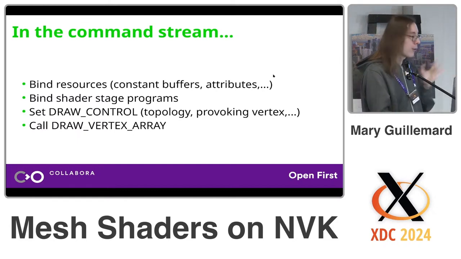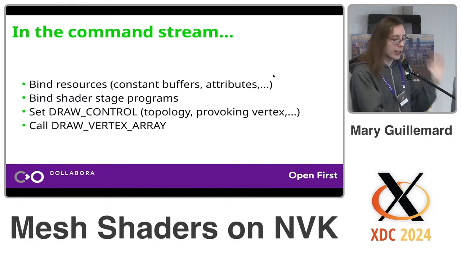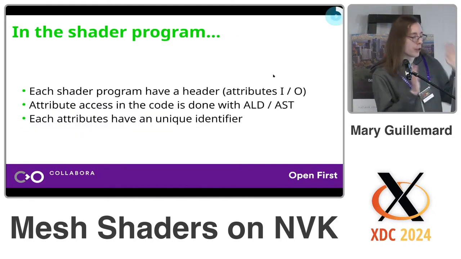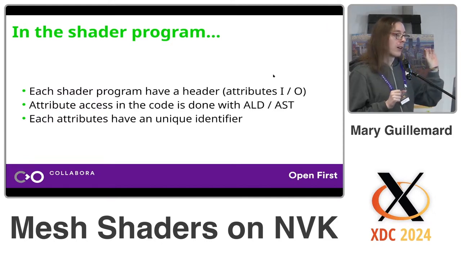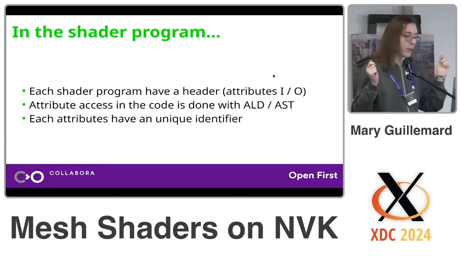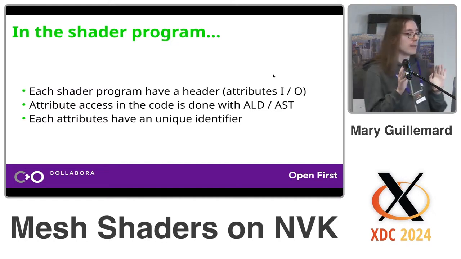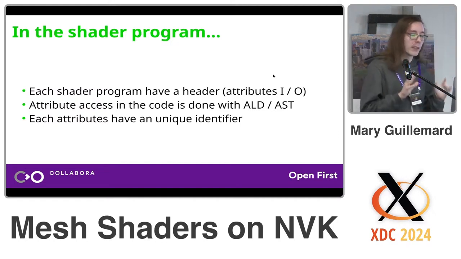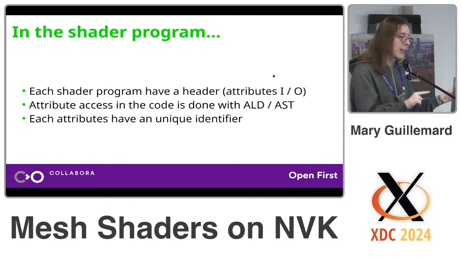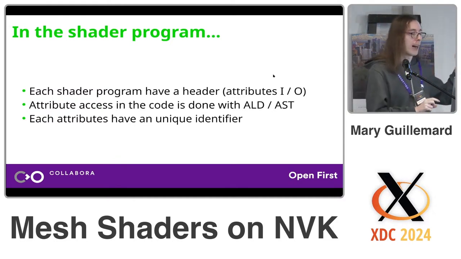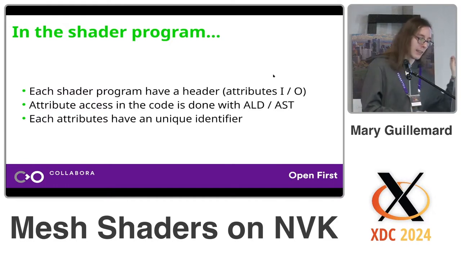And now I want to mention how it works in the actual shader. The shader program is composed of a shader header and the shader code. The shader header will contain all the attribute IO and some optimization flags here and there. The access to those attributes will be done with LD and AST instructions in the shader code, and each attribute has a unique ID.